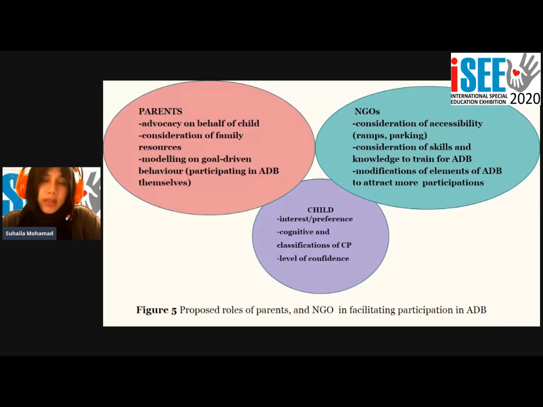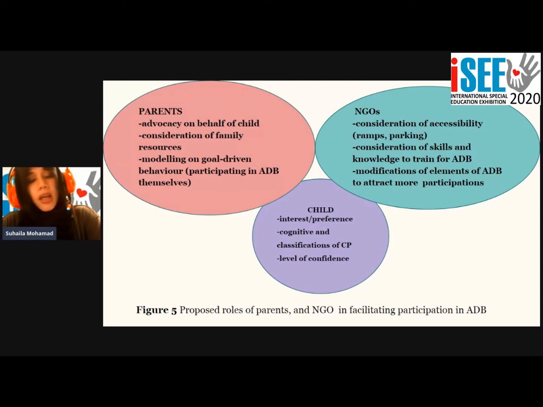Next, I would like to propose roles for parents and NGOs in facilitating participation of ADB for children with cerebral palsy. For example, parents can become advocates on behalf of children with cerebral palsy and encourage more participation by modeling goal-driven behavior by themselves participating in ADB.